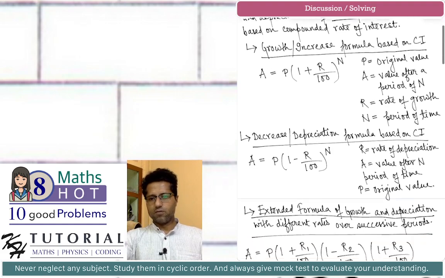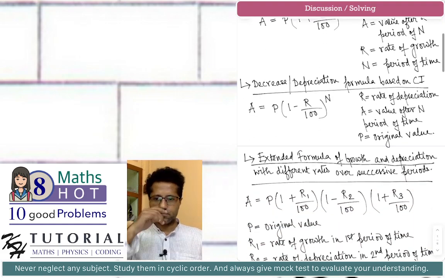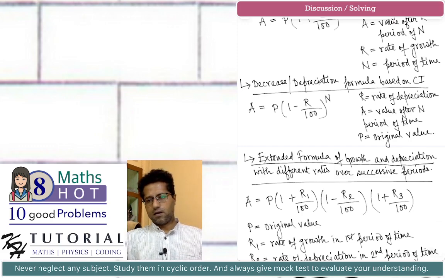Now, these two formulas can be extended a little further, where a certain quantity is growing and also decreasing with different rates over successive periods of time.